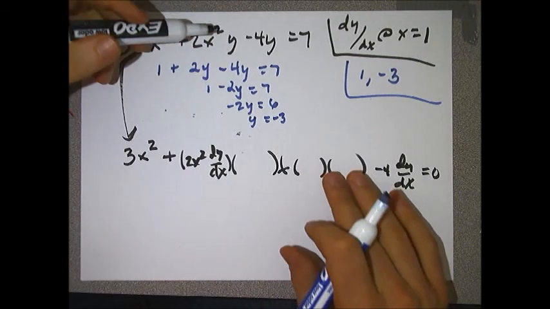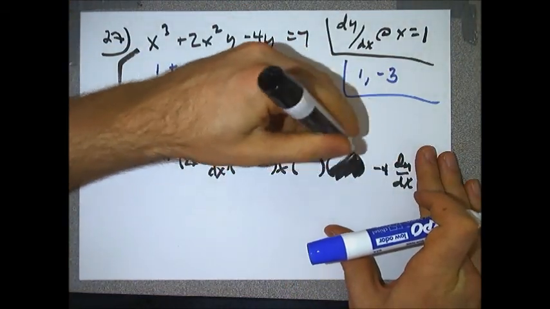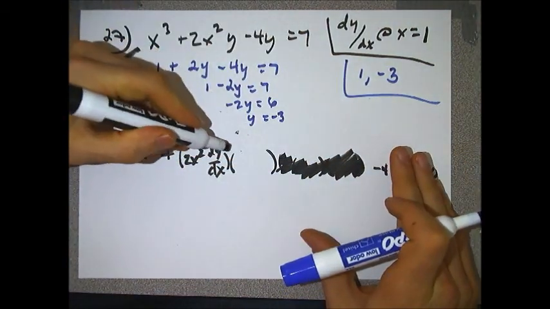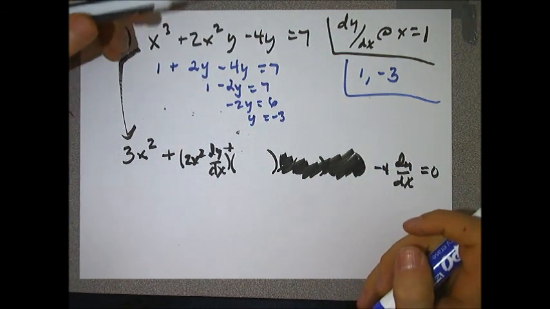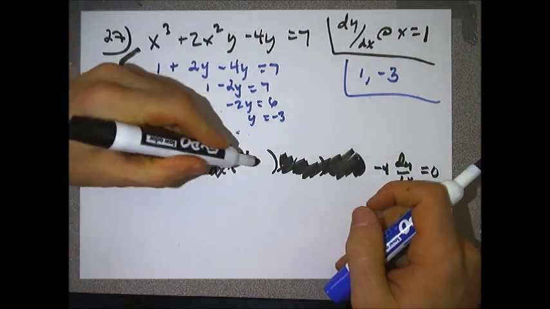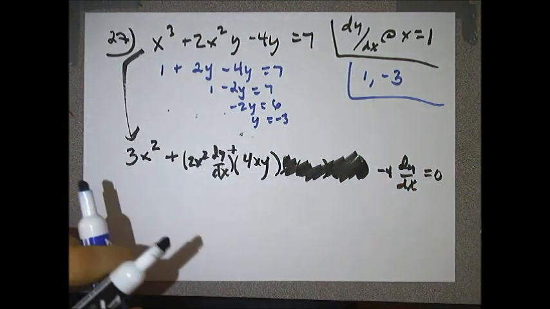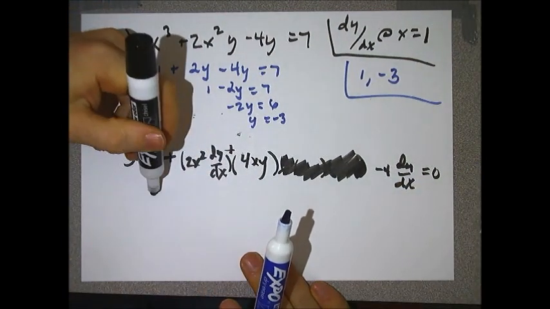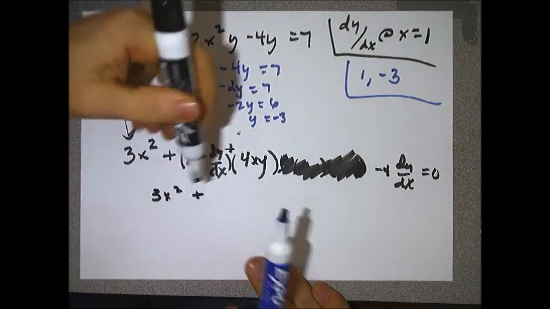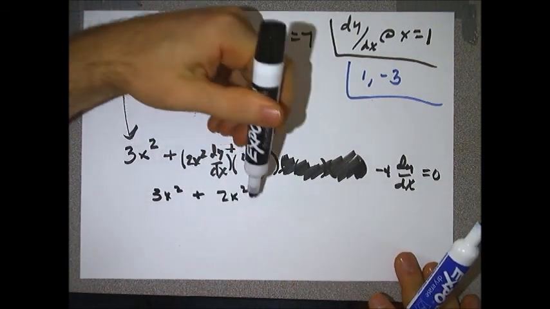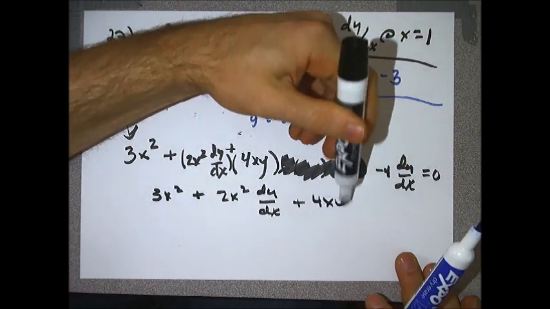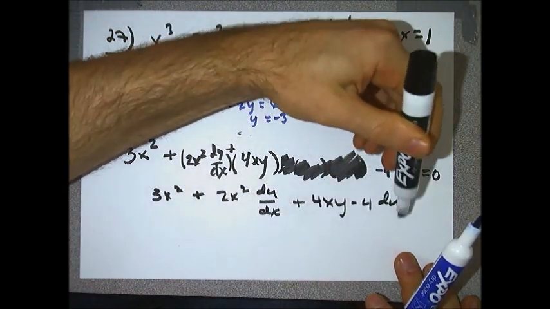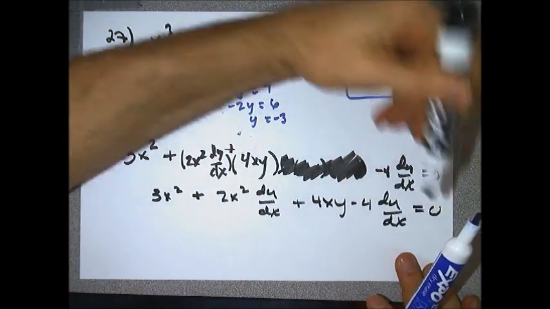Oh, I put too many things here, huh? Just scratch those out. And then plus, doing it the other way around would be 4xy. So let me rewrite this. We have 3x squared plus 2x squared dy dx plus 4xy minus 4 dy dx is equal to 0.